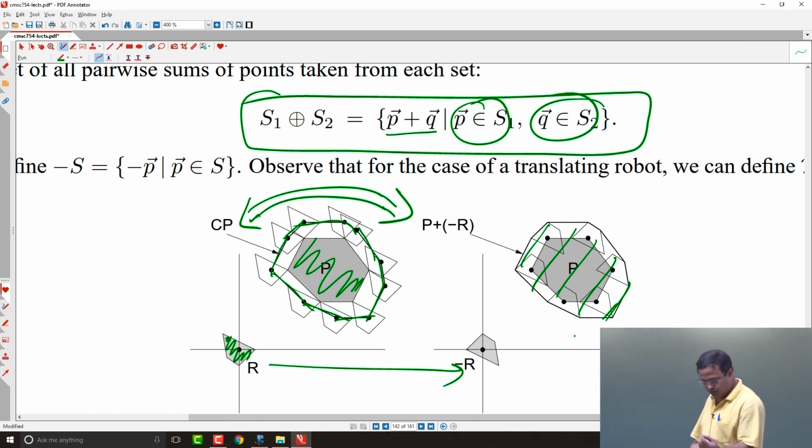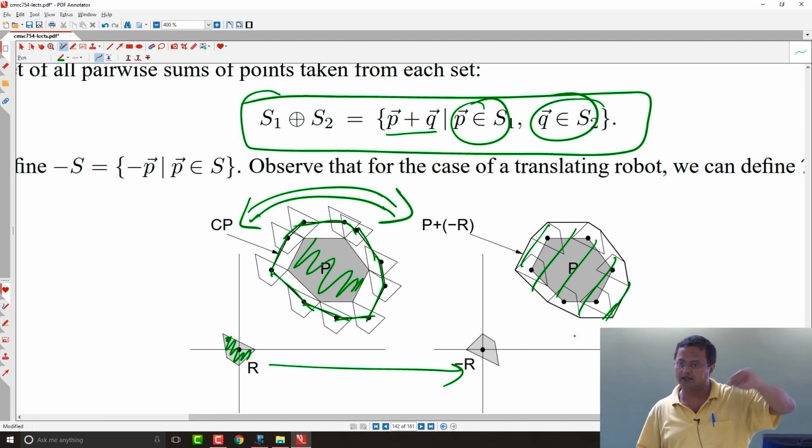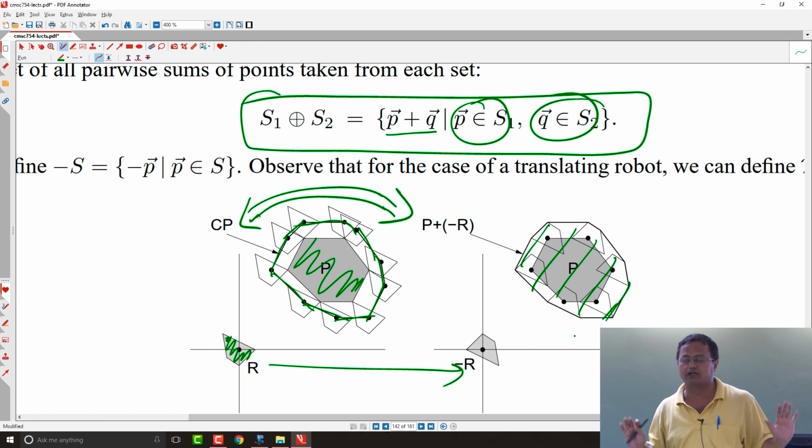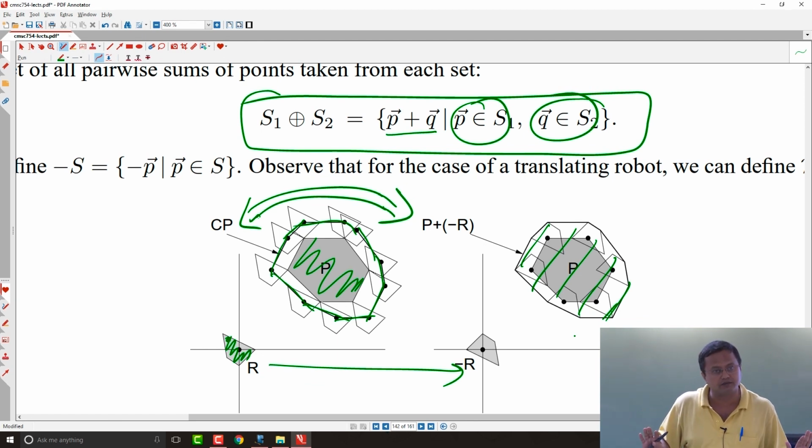So, you have allowed the point robot to be a point and you have suitably charged its mass around that polygon to make it grow. Now, we can go back to the forbidden space and think. Earlier, each one of your convex polygonal obstacles were non-intersecting, there was free space.